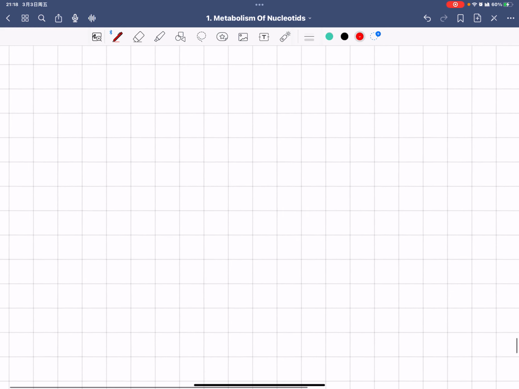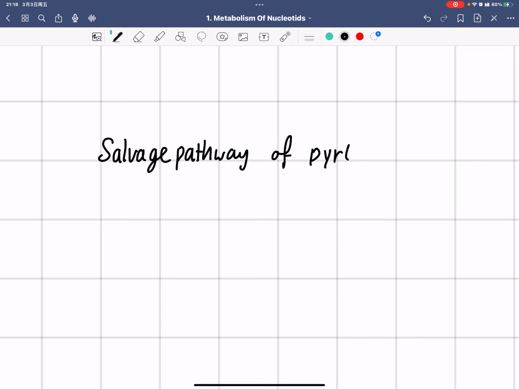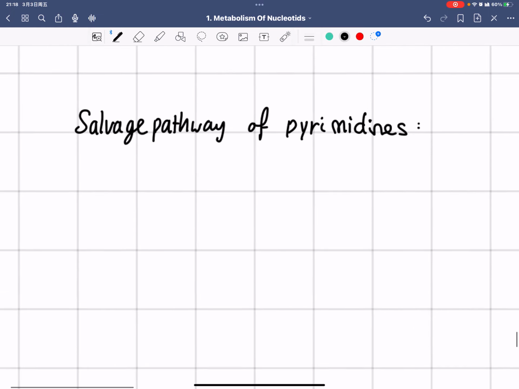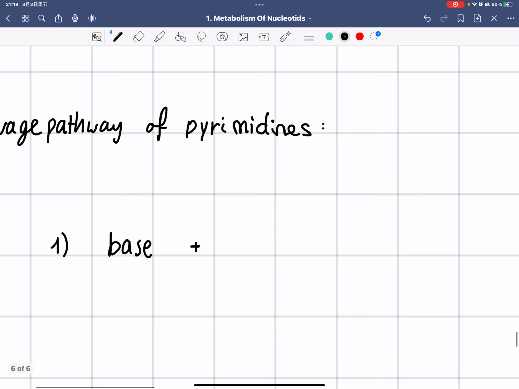Now, let's get to the salvage part. Here is a general formula to remember. Base: cytosine, uracil, pyrimidine.